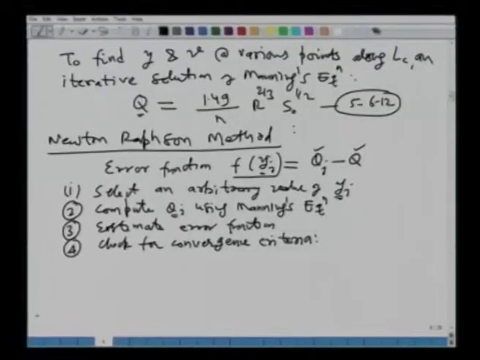So, what I will do is I will first give you the Newton-Raphson method's equation, and then we will see how it is actually derived, or the concept on which it is based.